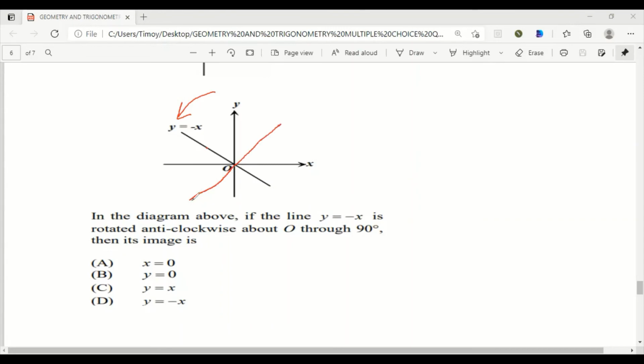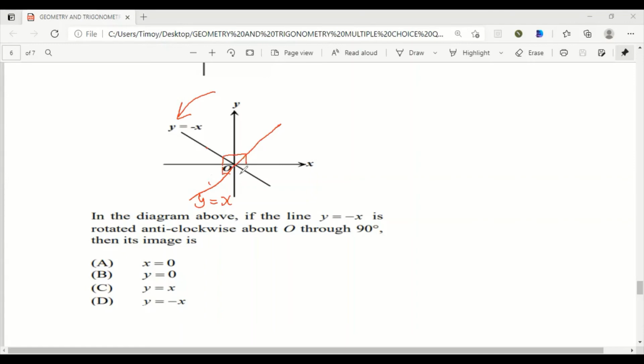Now, this line that I just drew would be the line y equal x, right? So when you rotate this, how do I know it will drop here? You can think about it logically. The quadrants divide the plane into 4, so the angle for each quadrant is 90 degrees.